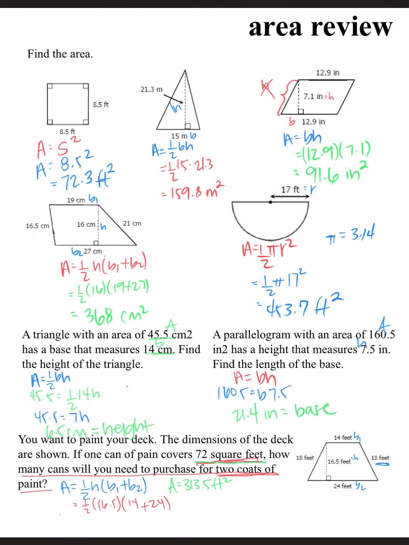So the easiest way of doing this is just dividing my square feet by 72, and that gives me roughly 4.4. So for 1 coat, we would need roughly 4.4 cans. We need 2 coats, so times this by 2, that is 8.8. We would need to round up, and we would need about 9 cans of paint.